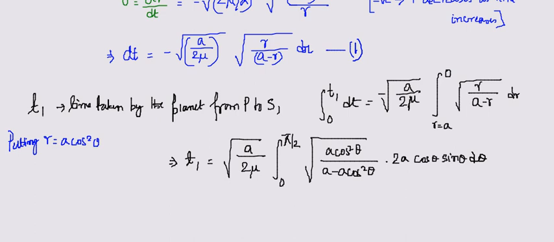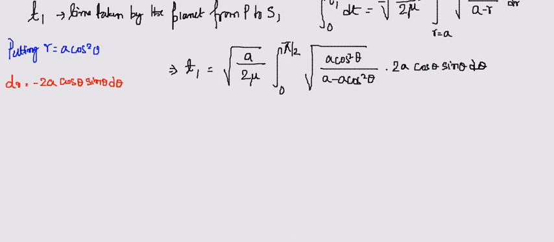Okay, if we put r equal to a cos square theta, so we have dr equal to minus of 2a cos theta sin theta d theta. So we have put it over here. Okay, now simplifying this, we have this a, and root over of a by 2 mu.